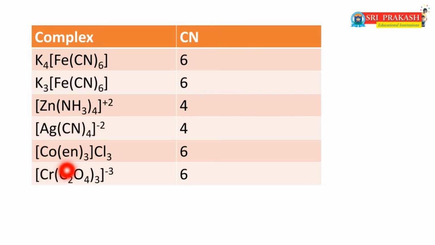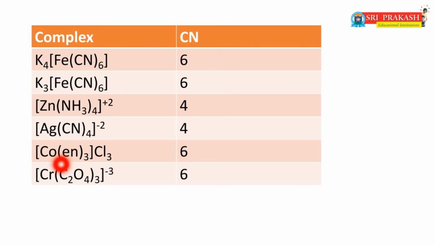In [Co(en)3]Cl3, en means ethylenediamine. This is the best example of a symmetrical bidentate ligand. In [Co(en)3]Cl3, the coordination number is 6 because 1 bidentate ligand equals 2 coordination number.